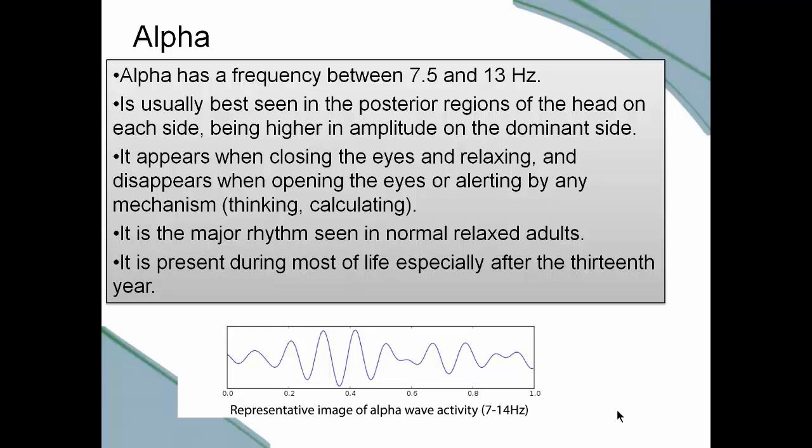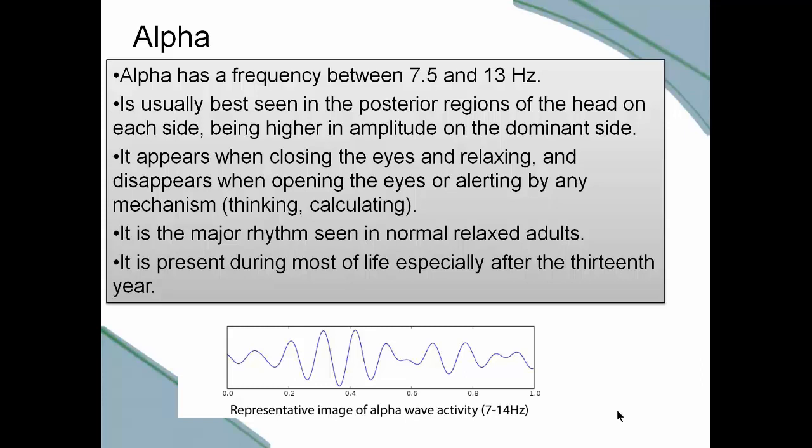As far as brain anatomy is concerned, alpha is most seen in posterior regions of our brain on each side, and it tends to be higher in amplitude on the dominant side. That means that if you are right-handed, your dominant side is probably the left side of your brain.